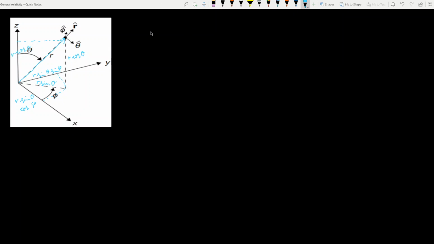Right, so let's write x as r sine theta cosine of phi, y is equal to r sine theta sine phi, and then z is just equal to r cos theta.